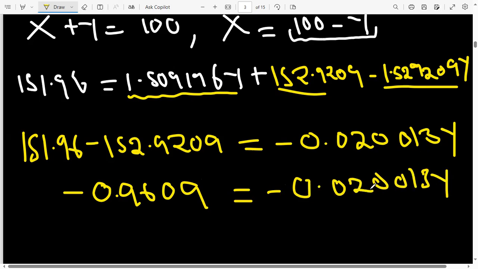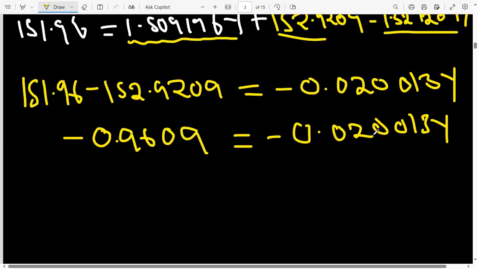And then from here, we just have to divide both sides by this number here.